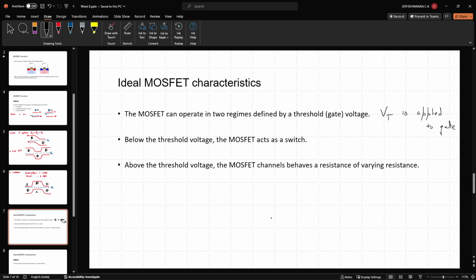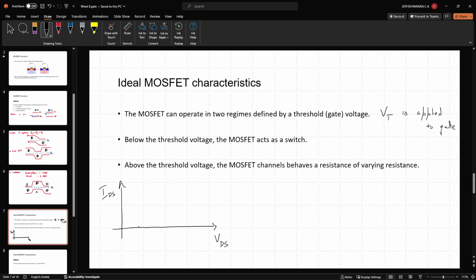An ideal switch's characteristic will actually look not very different compared to a diode. So on this axis I have the VDS and here I have IDS.